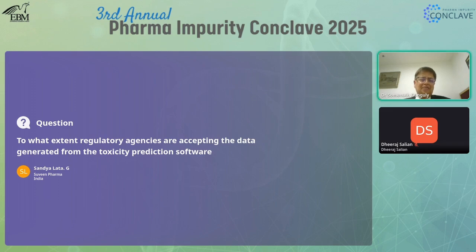To what extent, I am not very sure about the question, but if you say this is the toxicity data and this is the data observed in my product, in many cases they are accepting. In other cases, many times they put no. It is my experience with nitrosamines. I should not put the name. We go to the regulatory authority and say that this is the data.